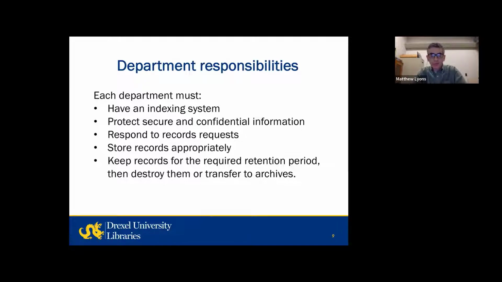These responsibilities include having an indexing system for its records, protecting confidential information, responding to records requests, storing records appropriately, maintaining records for the required period of time, and destroying records at the end of their retention period, unless they have long-term historical value and are candidates for transfer to the archives.